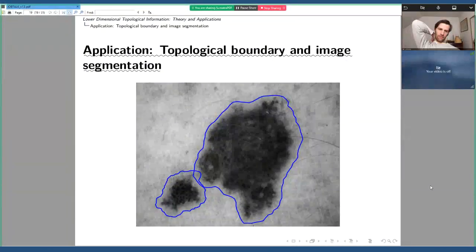In this part, we are going to consider a very specific problem, which is the image segmentation problem. In this two-dimensional grayscale image, there are two skin lesions in the middle of the image. Since they are black, it is relatively easy to delineate. But overall, the ultimate goal of an image segmentation task is to come up with the boundary of such an object.